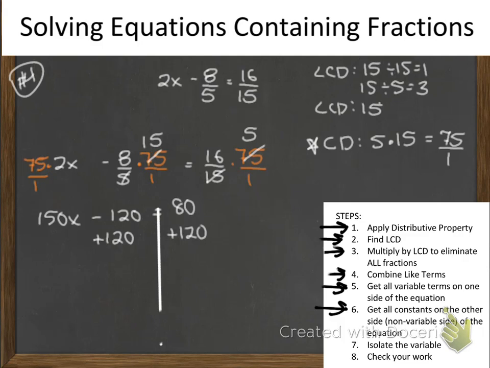Okay, so we're going to add 120 to both sides of the equation. So we have 150x equals 200. Then, last step, is to isolate our variable. So we divide both sides by 150.